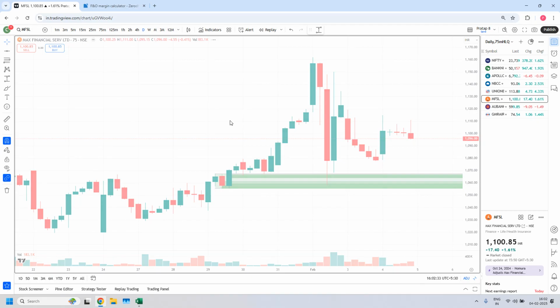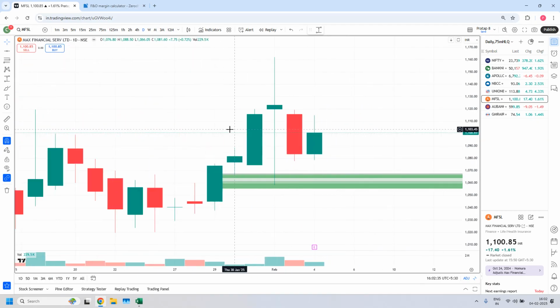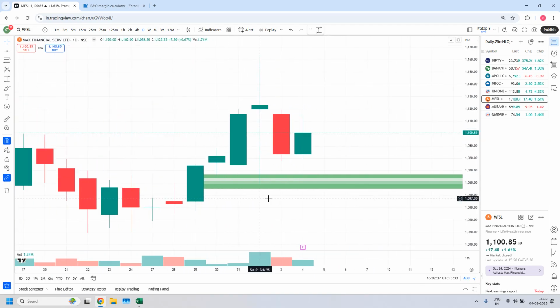When we would have analyzed, let me go to the daily time frame. Probably somewhere here on this candle, our software might have given it. 30th January, so the 31st January analysis video, maybe you might have identified how we analyzed it there. Because the closing candle was probably on 30th.